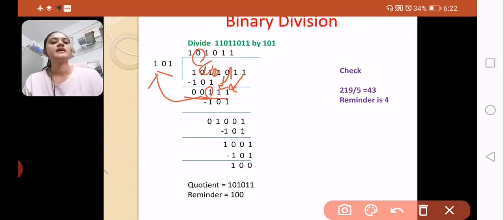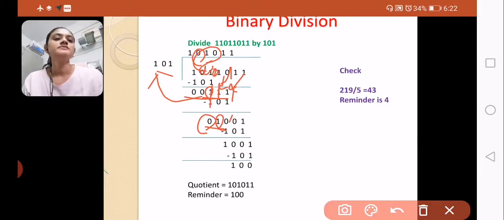Okay, now subtract these terms, 1 0 1 1 1 and 1 0 1. So that will be some answer. 1 minus 1 will give 0, 1 minus 0 will give 1, and 1 minus 1 will generate 0. Simple.